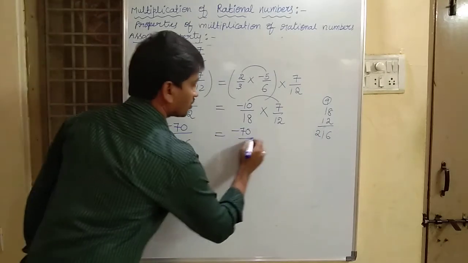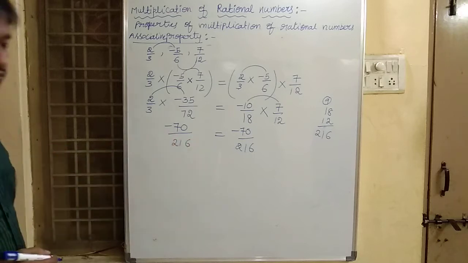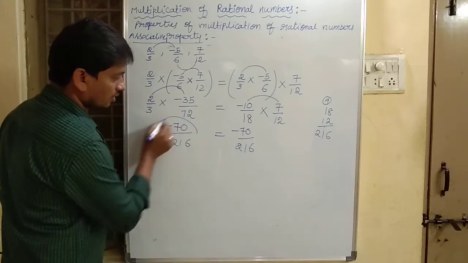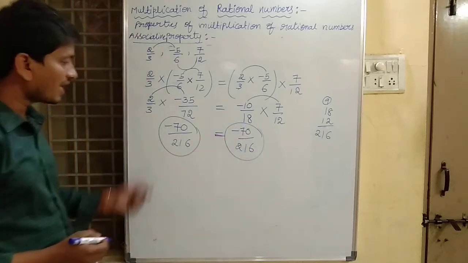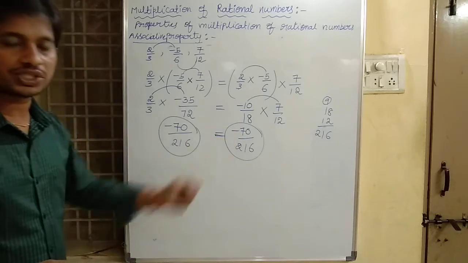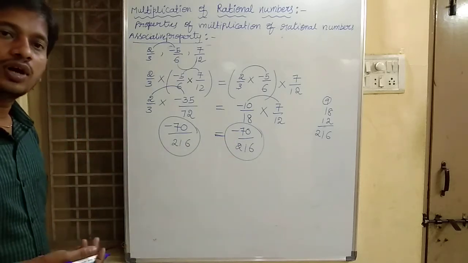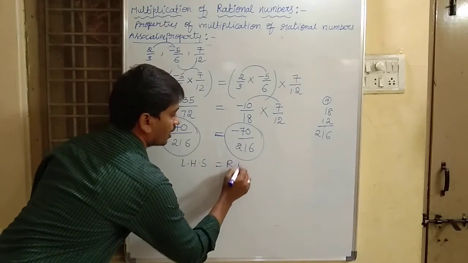Come on, observe here. Both LHS and RHS are equal. That is minus 70 by 216 here, and here also minus 70 by 216. LHS is equal to RHS.